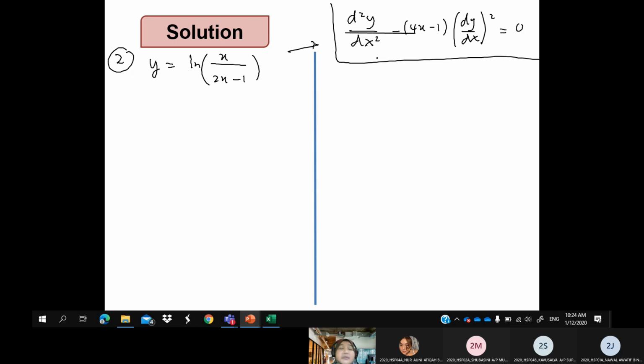The one that gets 0, you do on your own. Find dy dx, d2y dx squared, substitute, equal to 0. This is the first method, method 1. The second method is to adjust this one and show it like this. Up to you.